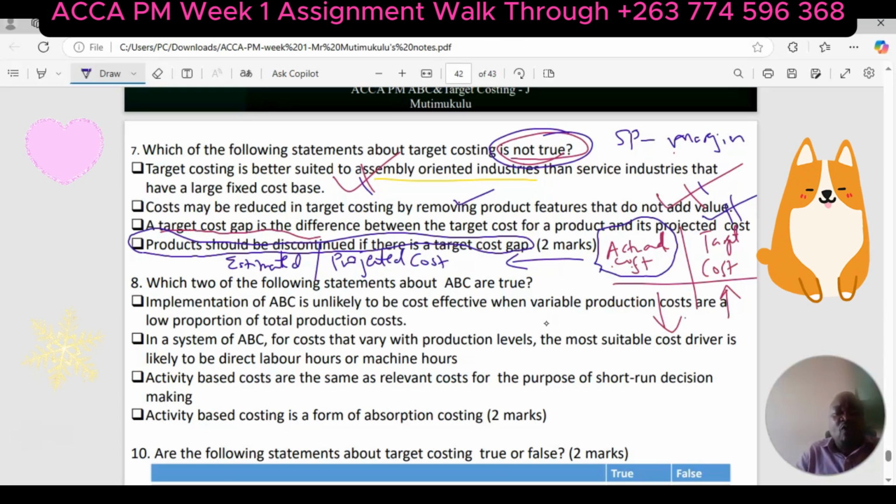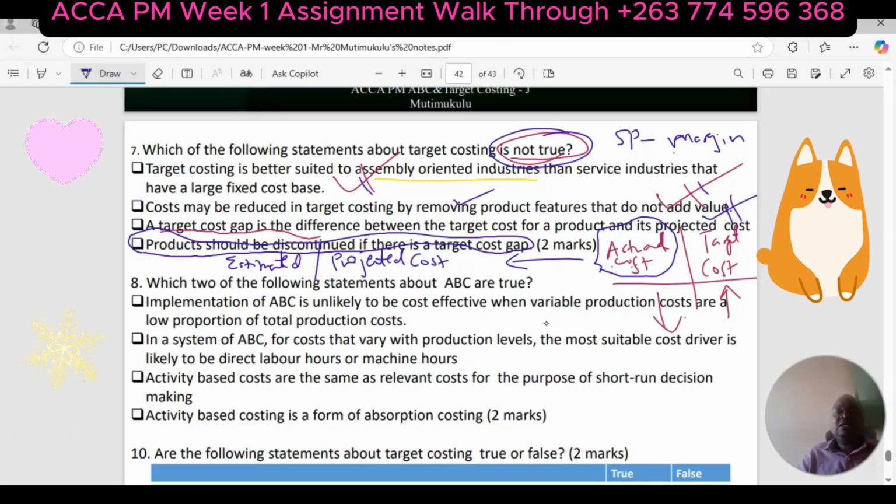Then let's move on to number 8. Which two of the following statements about ABC are true? Implementation of ABC is unlikely to be cost effective when variable production costs are a low proportion of total production costs.